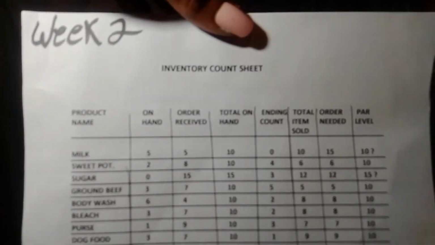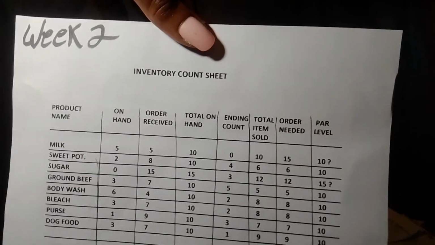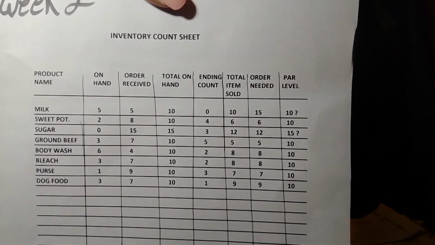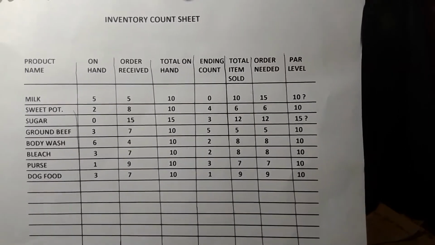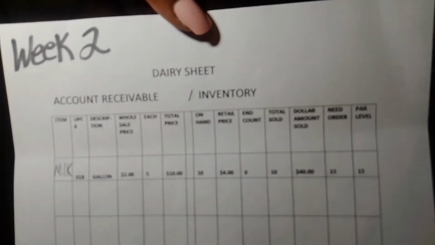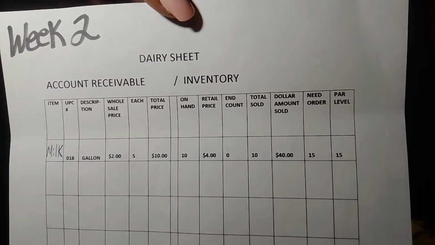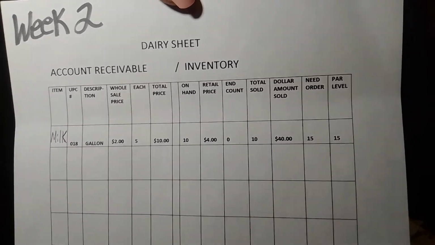You're going to record everything from your inventory sheet that we just did, okay, the inventory sheet that we just did. You're going to take that sheet and you're going to transfer it over onto your inventory sheet that has accounts receivable attached to it.